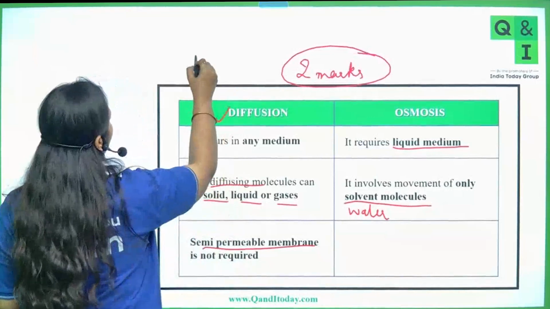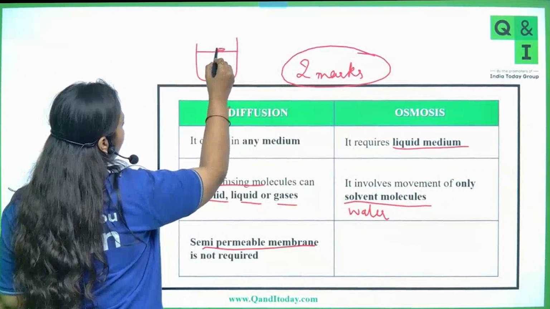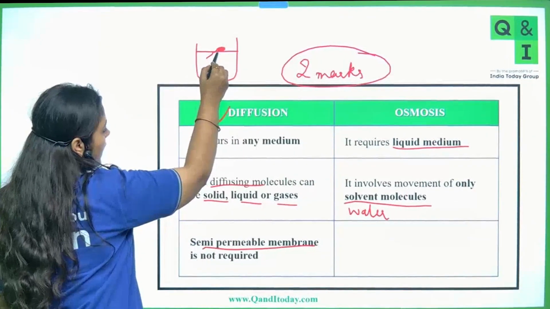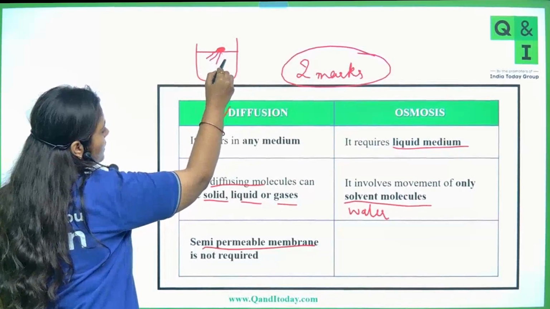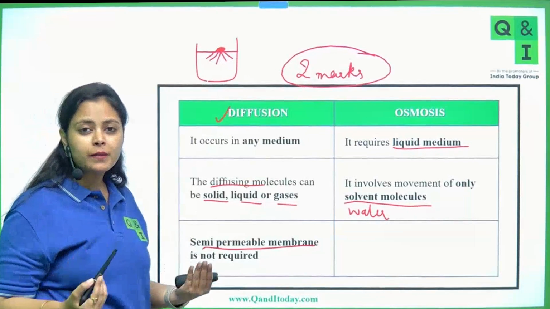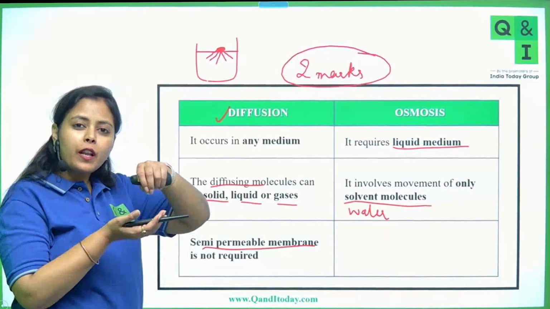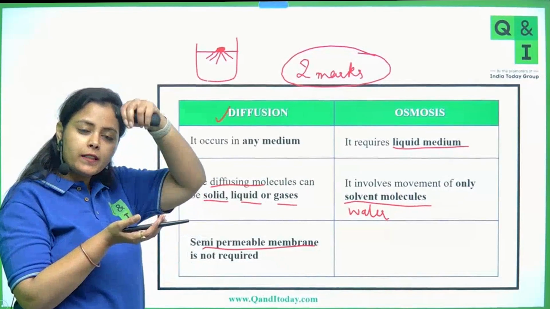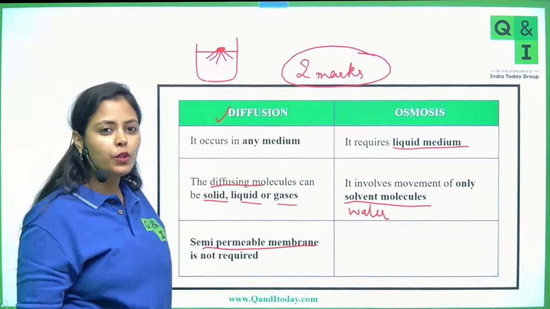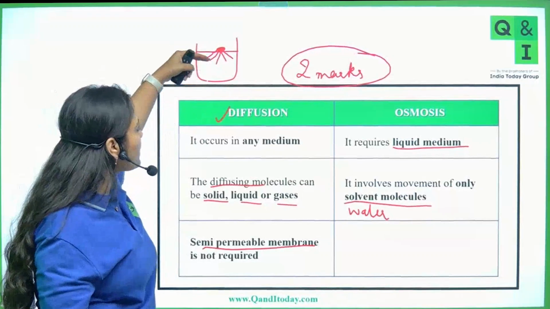Now, slowly you will see that this ink or watercolor will start spreading into the water. Have you ever seen such a process taking place? Anybody ever noticed that whenever you put watercolor in the water, it starts diffusing slowly? Hannah, you must have observed this. So see from here, this process is diffusion.